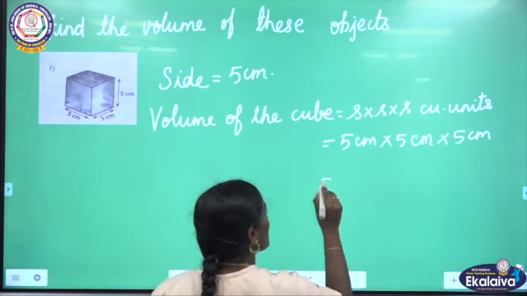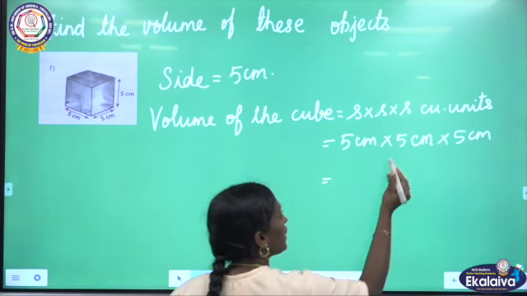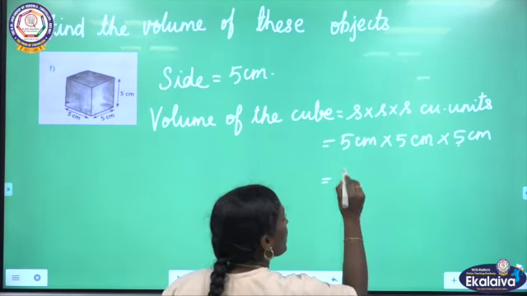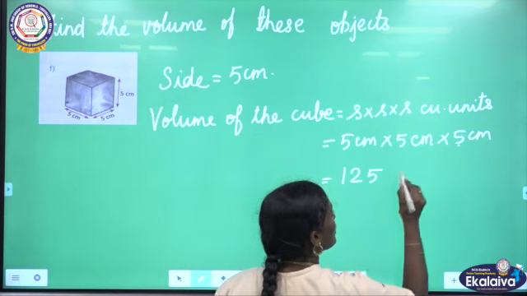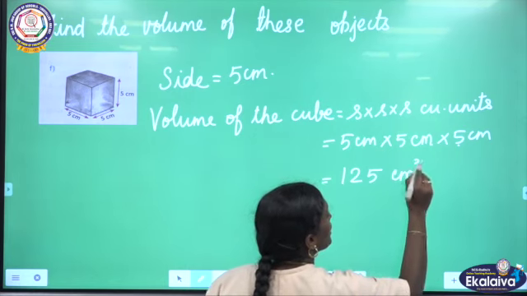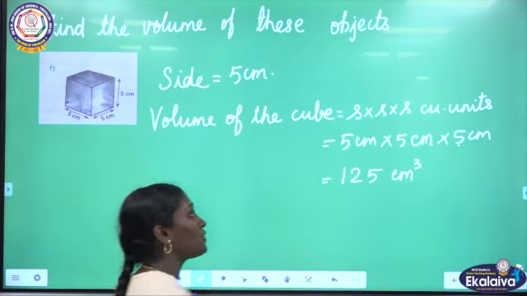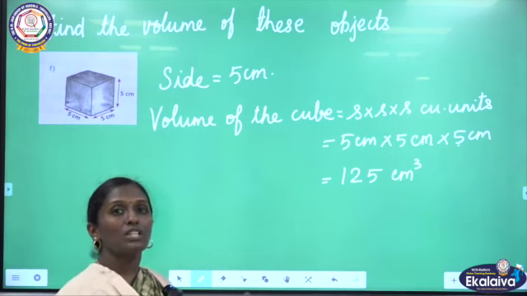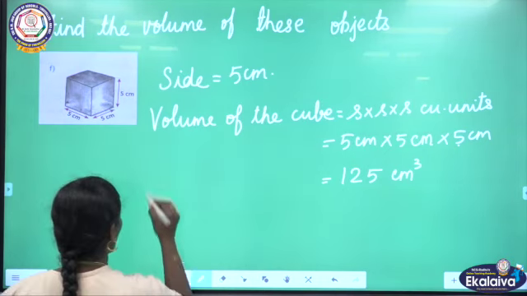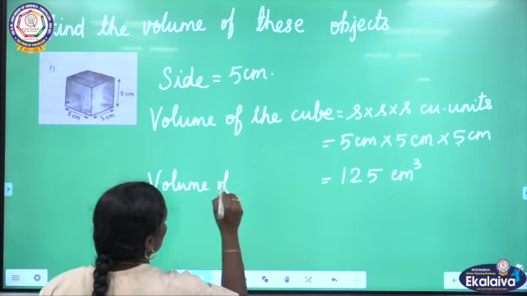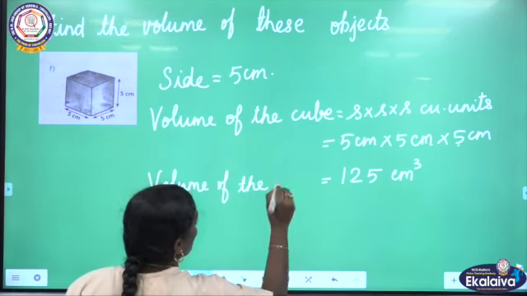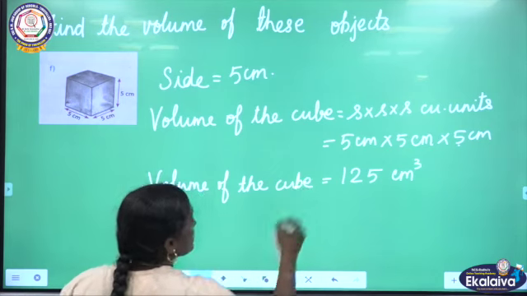Now we have to multiply the numbers. 5 5s are 25. 25 into 5, 125. Then centimeter into centimeter into centimeter, centimeter cube. So 125 centimeter cube. This is the volume of the cube. Is it clear, children?